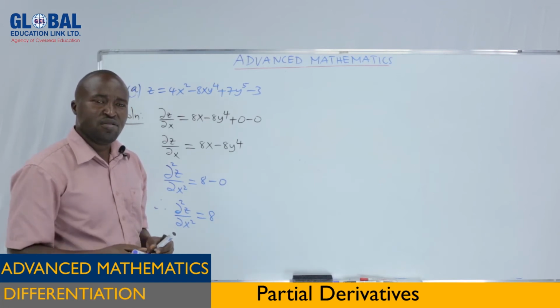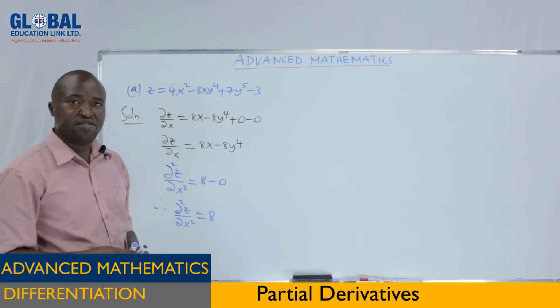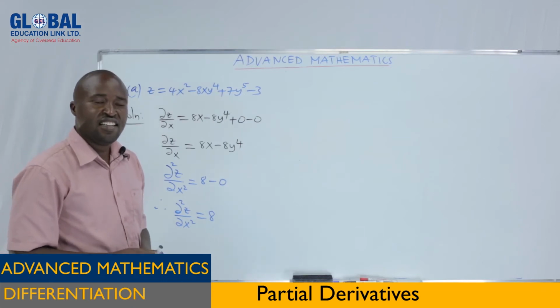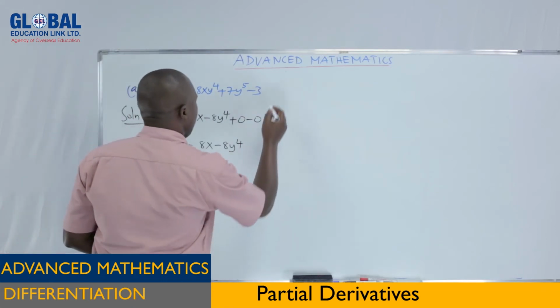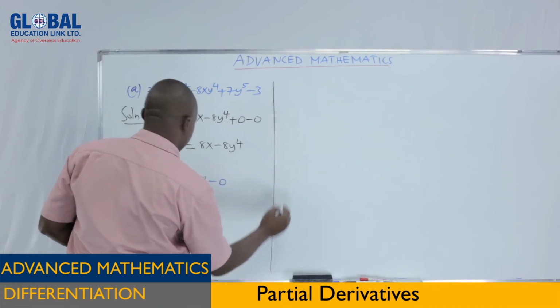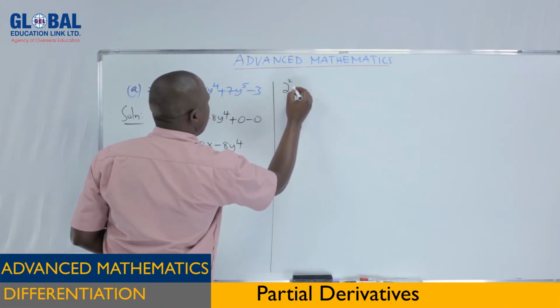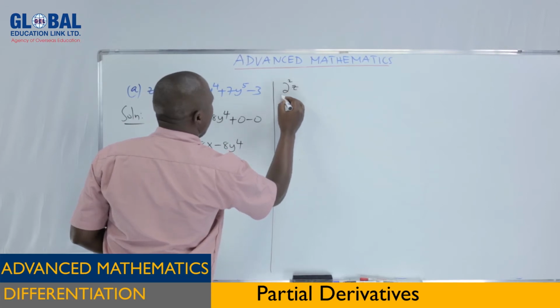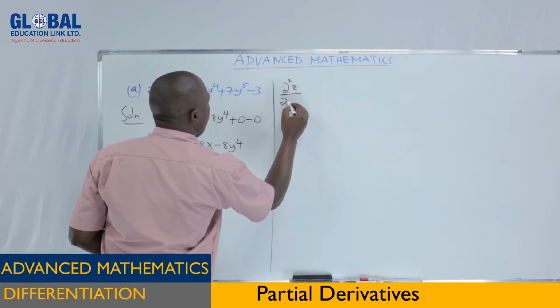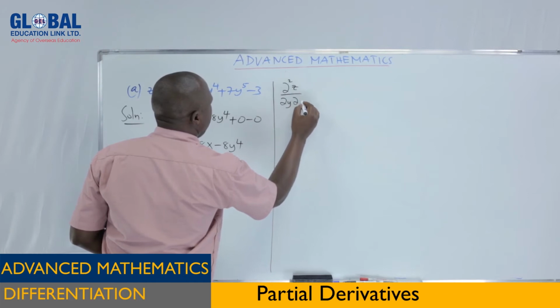So we proceed with another second order partial derivative, as I said earlier. In this case, we have the second order partial derivative of z with respect to y and x.